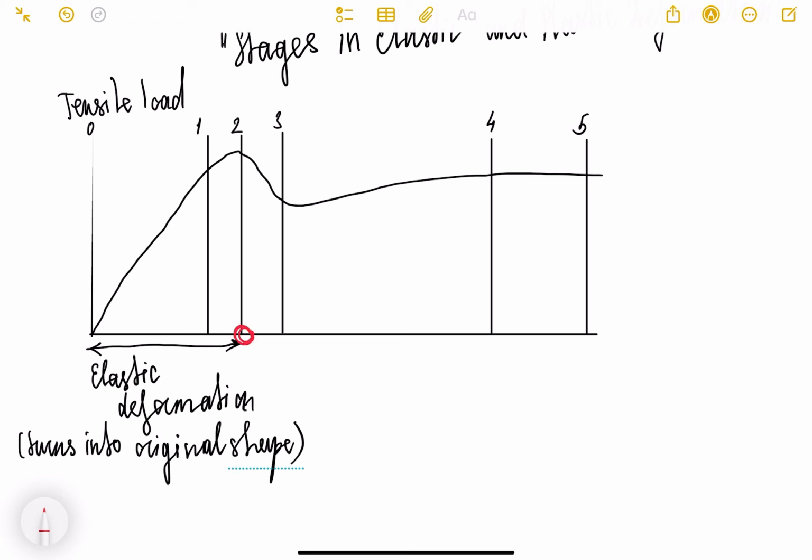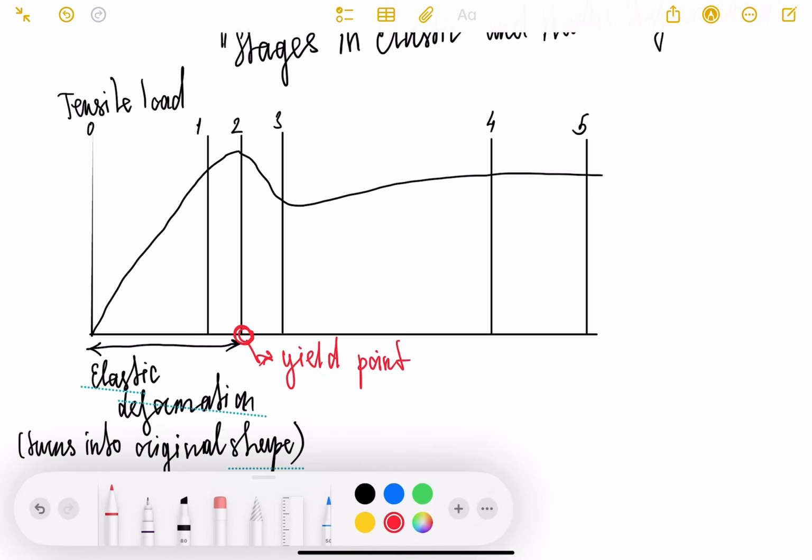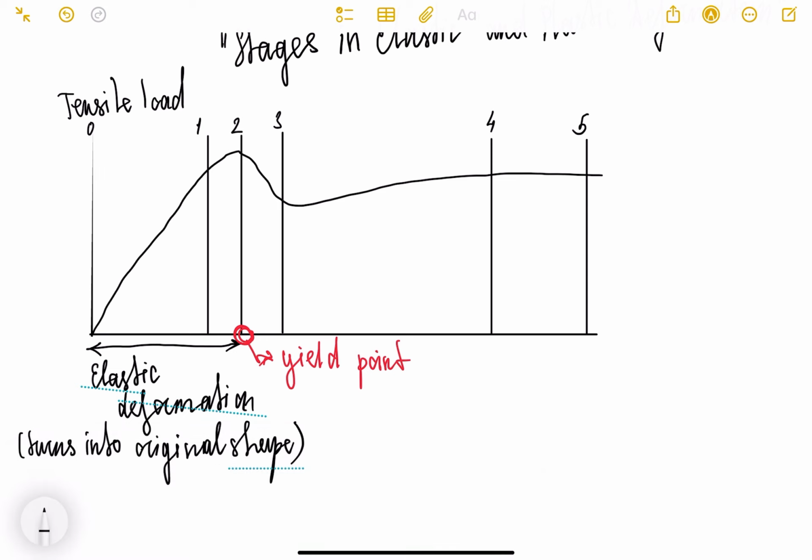This is the yield point. What is the yield point, okay? This is the right time to think about a balloon. This is a balloon, okay? So, like, what is the word? I forgot.